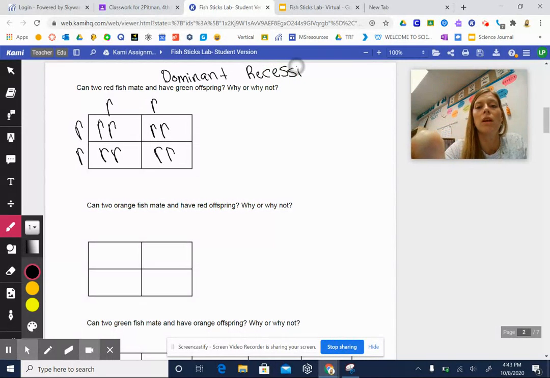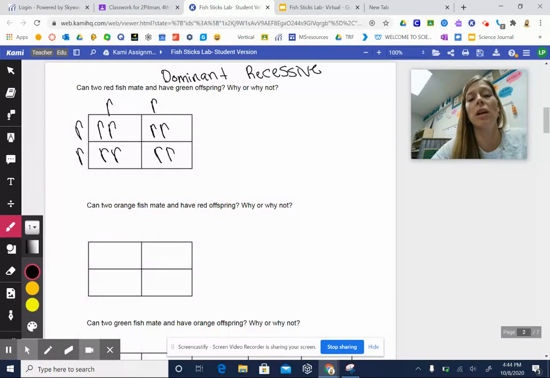Okay, so in this case, we know that green is dominant to red. So 2 redfish cannot have offspring that is green, because red is recessive to green. Green cannot be carried over as recessive in any of your fish populations. So that's what your answer should express.